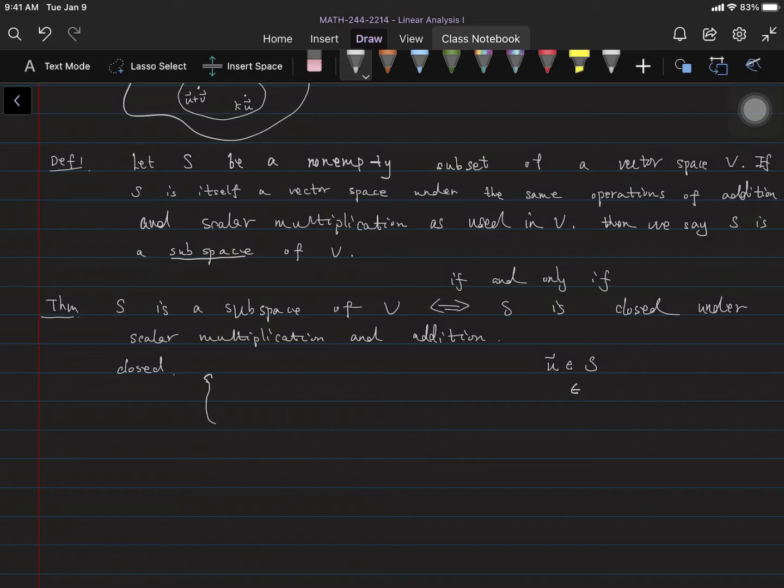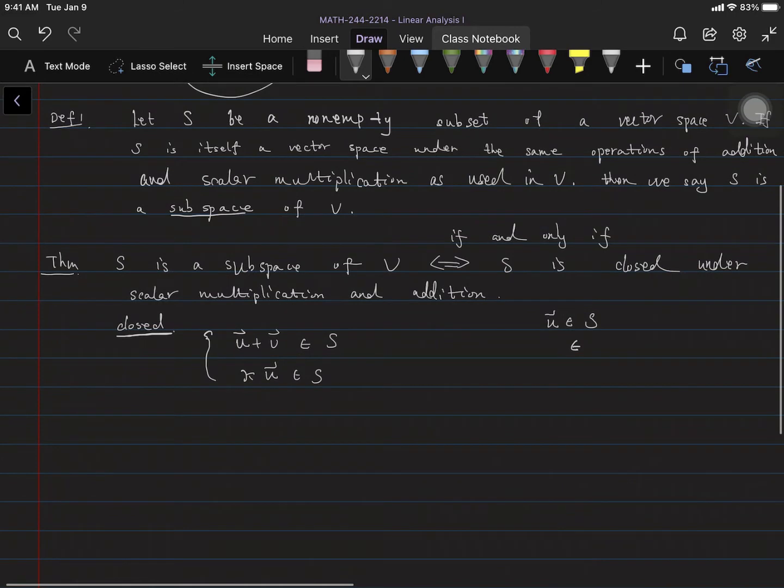If U belongs to S and V belongs to S, then the addition still belongs to S, still inside S, and the scalar multiplication is also inside S. That means closed. Don't worry too much. I know this looks difficult right now, but let's take a look at an example. After we do some examples, you will have some idea of the meaning of this.